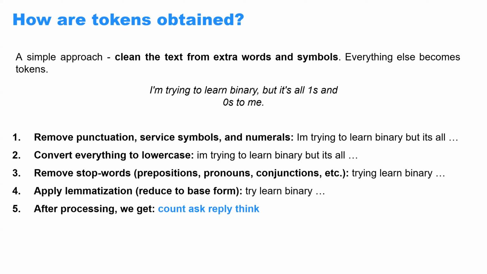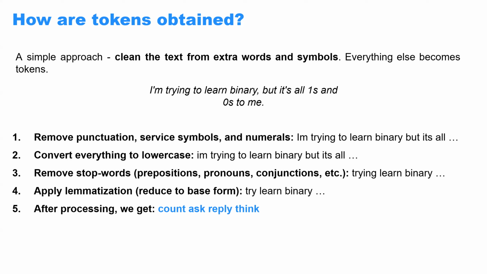So in the 90s and at the beginning of the century, the main approach was to remove all unnecessary information from our text. For example, remove punctuation, convert everything to lowercase, remove different stop words like to, but, all, me, that have low or unnecessary information.